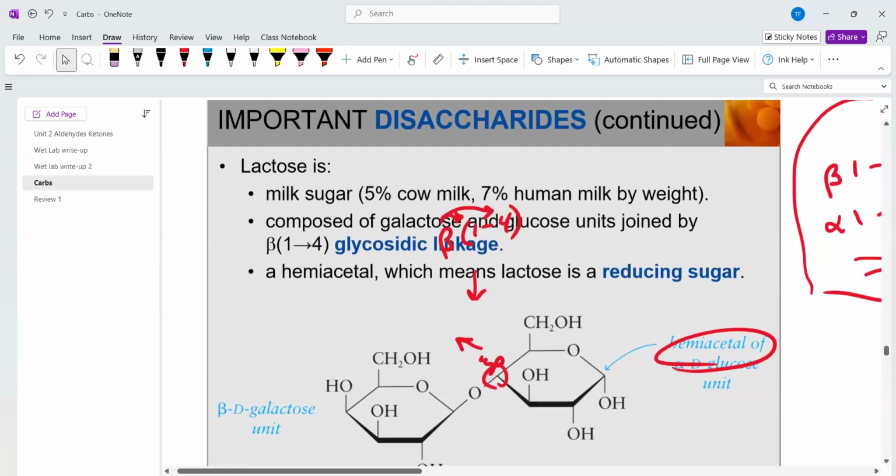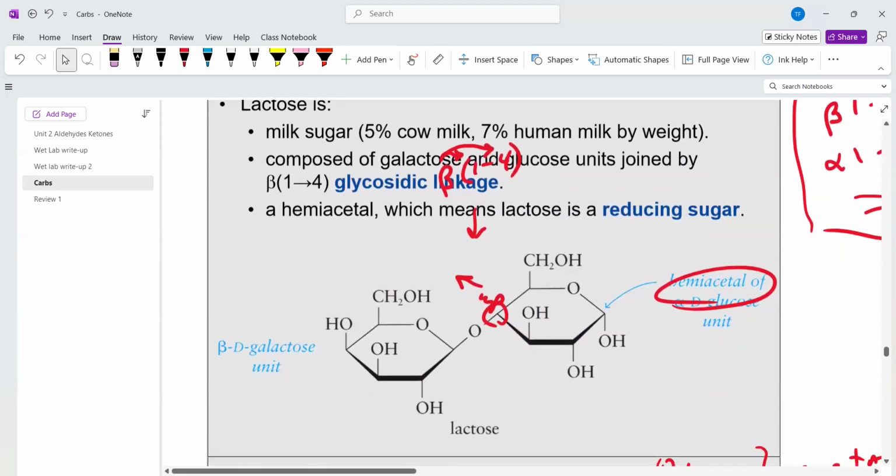The next one is lactose. Lactose is galactose plus glucose. So on the left is a galactose. Notice the OH group is going up here, not down like glucose. And I don't know why.